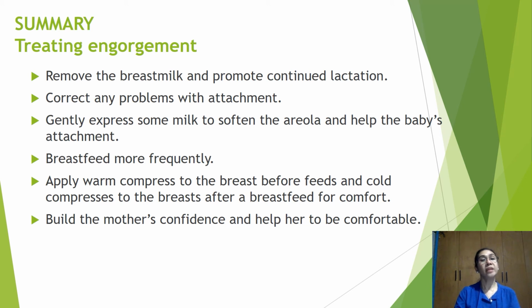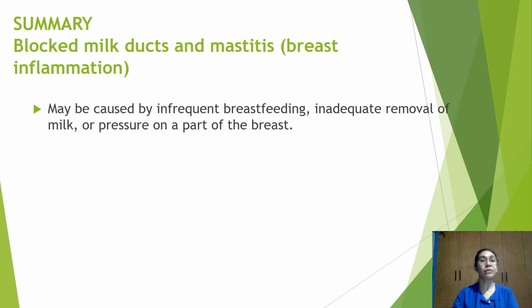Next, gently express some milk to soften the areola and help the baby's attachment. It is important that we breastfeed more frequently. You can apply a warm compress to the breast before feeds and cold compresses to the breast after breastfeeds for comfort. Build the mother's confidence and help her to be comfortable while breastfeeding.